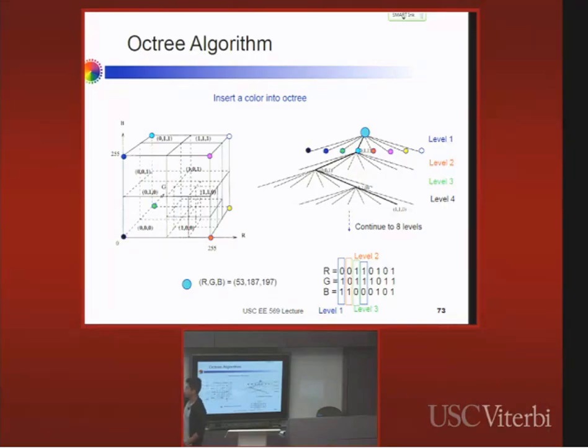The way we represent this as 8 bits is that we take every column and map it to one value. So this value is mapped to level 1, and this value is mapped to level 2. In this way, all these 24 bits can be represented by 8 bits. This is how the mapping is conducted.